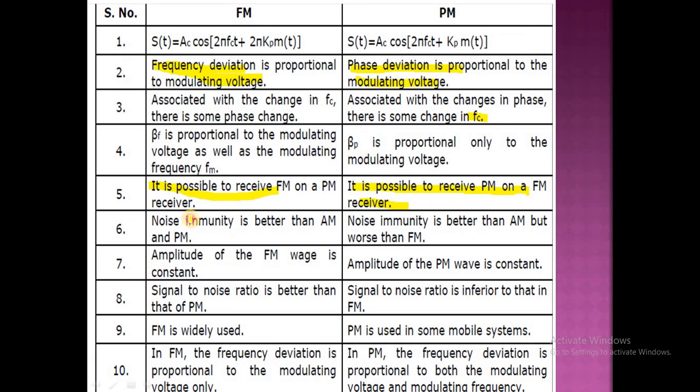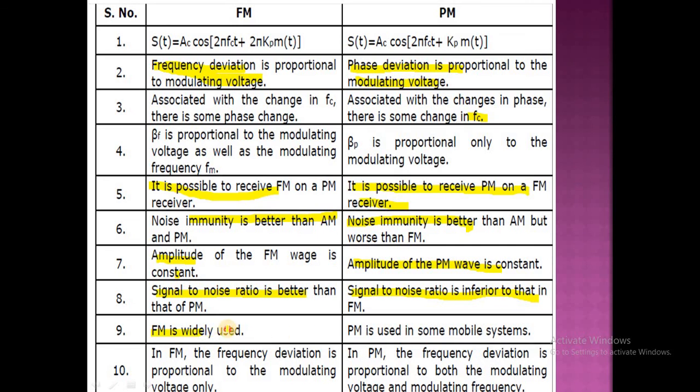Okay. Noise immunity is better than AM and FM. So here also noise immunity is better. The amplitude of FM wave is constant. Here the amplitude of PM wave is constant. SNR is better in FM; signal to noise ratio is inferior in PM.